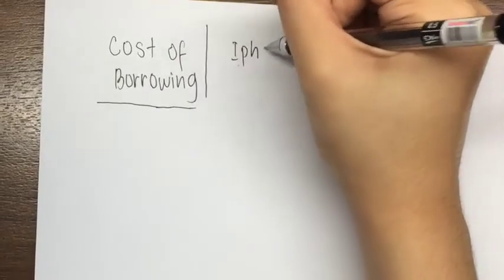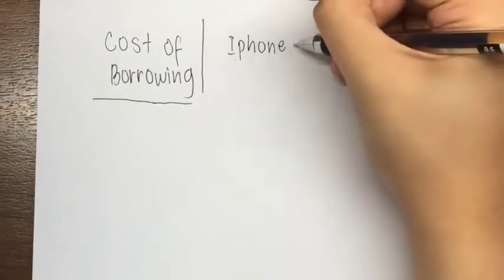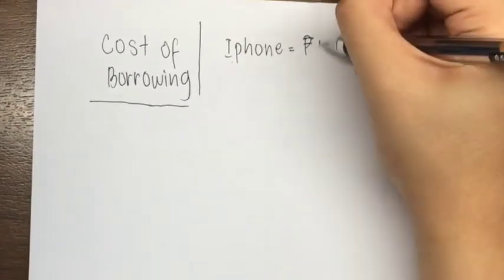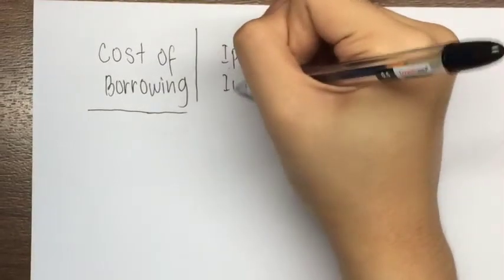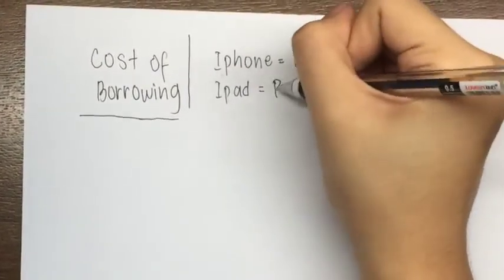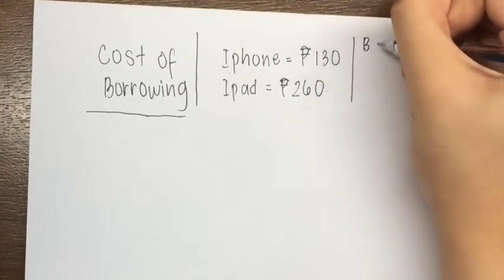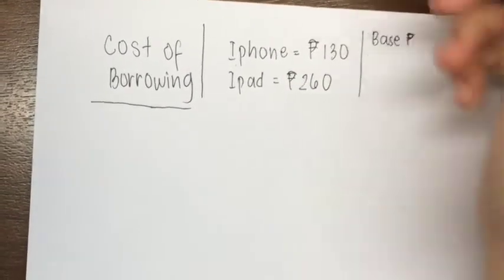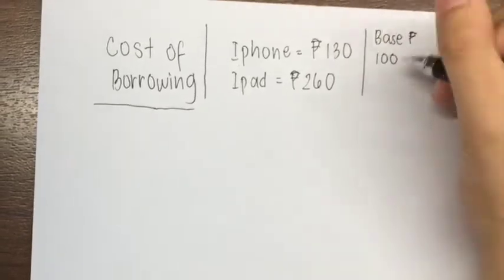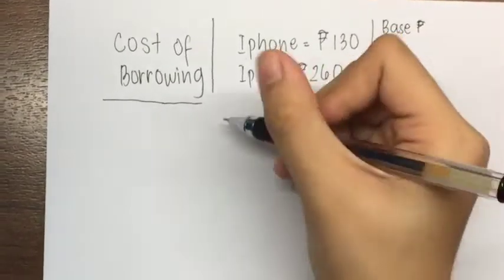Our selling price for the iPhone cases is 130 pesos each and 260 pesos each for the iPad cases. The base price for the iPhone cases is 100 and for the iPad cases is 200.